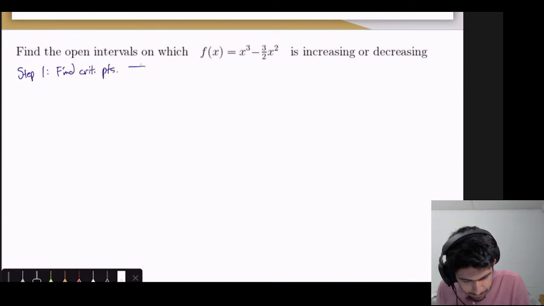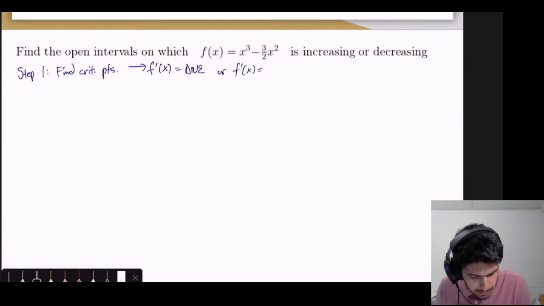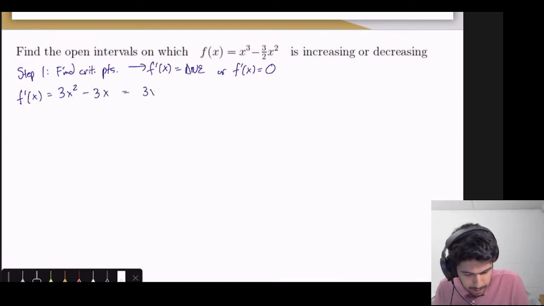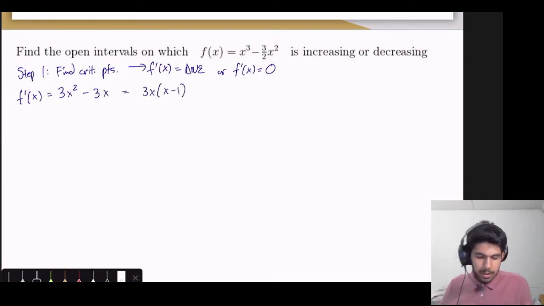How do we do that? F prime of x equals DNE, or f prime of x equals 0. So if f of x equals that, f prime of x equals 3x squared minus 3x. We can factor out a 3x term, we get x minus 1. There's no points where f prime of x equals DNE.